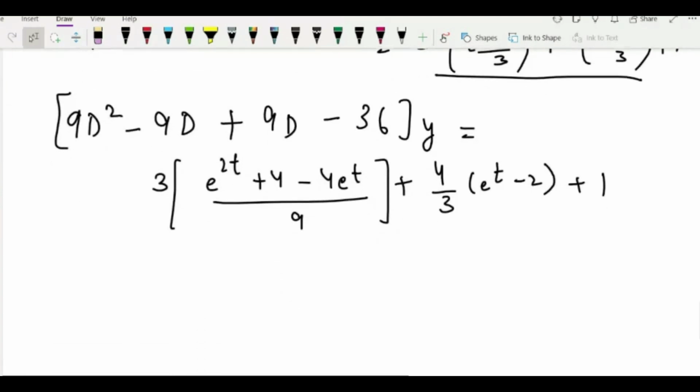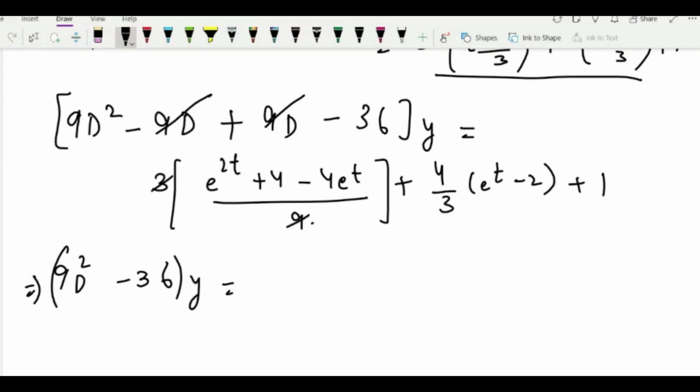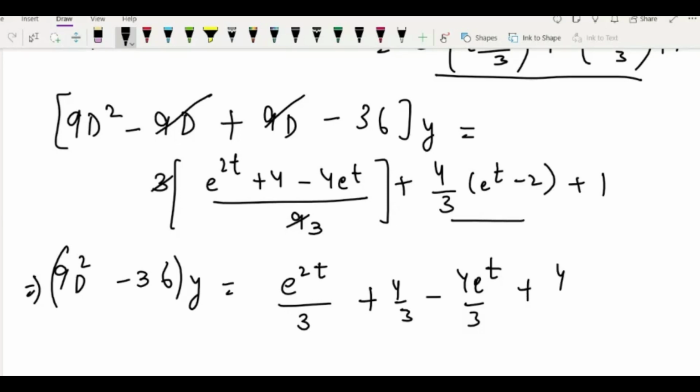Now you can see from here, this will cancel out and we get 9D square minus 36 y is equal to e raised to power 2t upon 9 plus 4 upon 9 minus 4 e^t upon 9 plus 4 upon 3 e raised to power t minus 8 upon 3 plus 1.